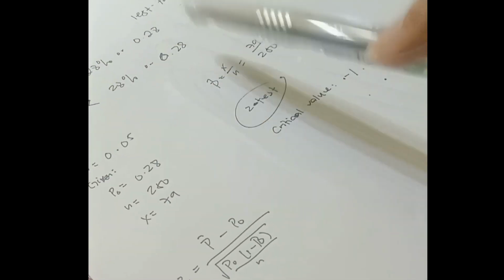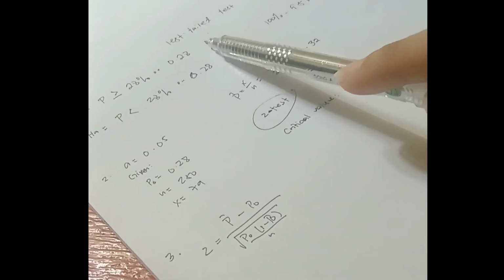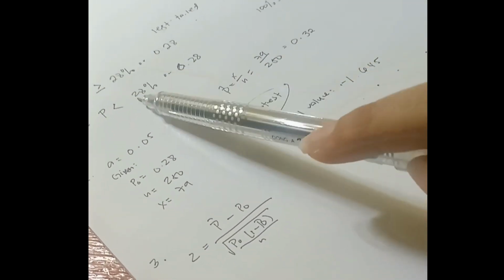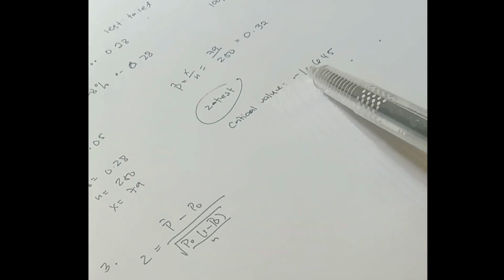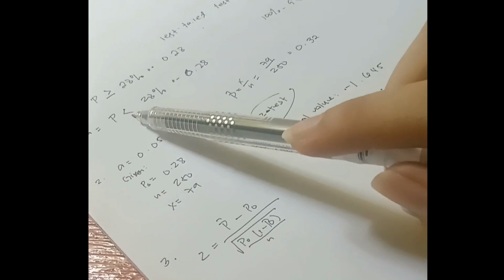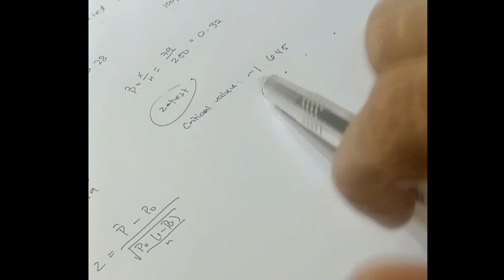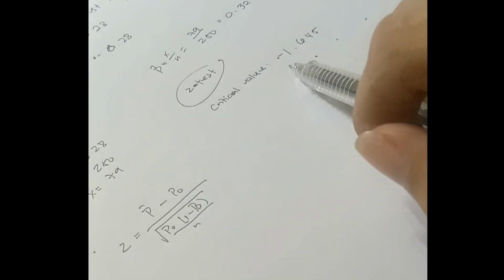Kapag naman right-tailed, ang magiging sign niya dito is greater than, so, ang gagamitin natin na critical value is positive. So, ganun lang yon. So, since left-tailed test to, less than ang sign sa alternative hypothesis natin, so, negative sign yung gagamitin natin sa critical value.